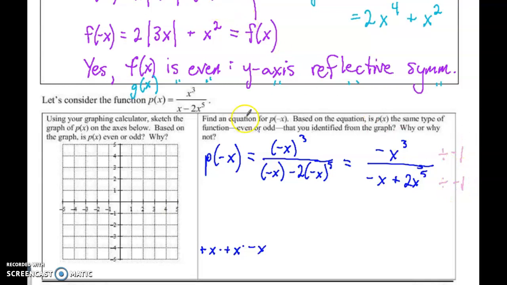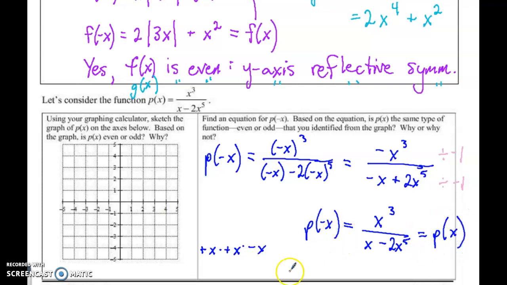So that's actually equivalent to positive x cubed over positive x minus 2x to the fifth, which lo and behold is equal to the original problem. So even though we had a bunch of odd exponents, this is actually an even function.